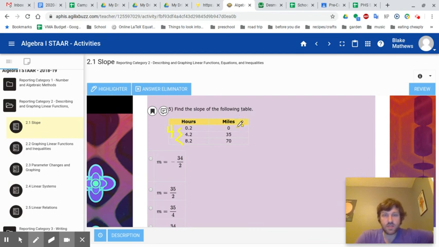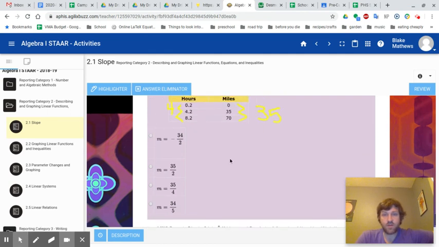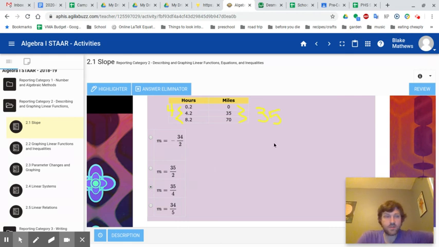And then how much is this going up from each one? Well, this is going up 35. So for every 4, it's going 35. So let's see what we got. 4 and 35. There's only one answer choice that has those numbers, and it's right here. 4 and 35. And that's pretty much it for this one.